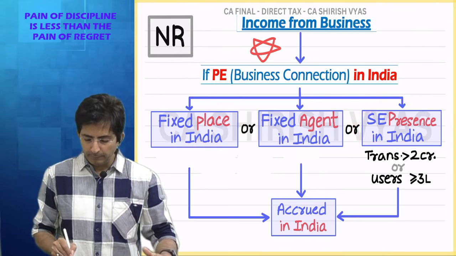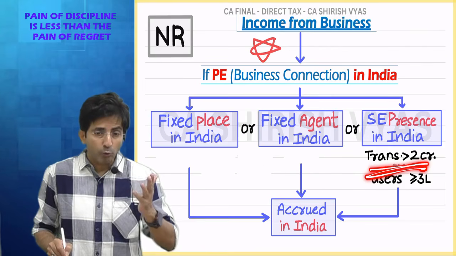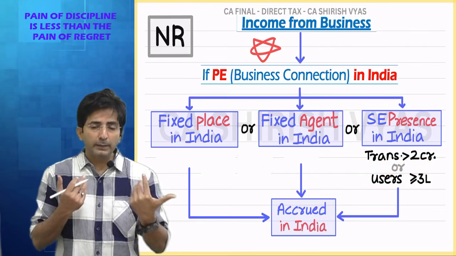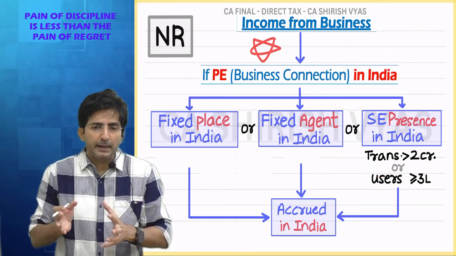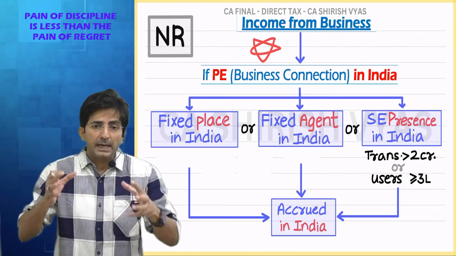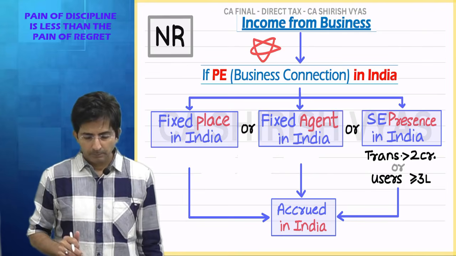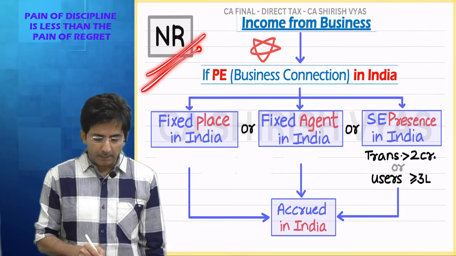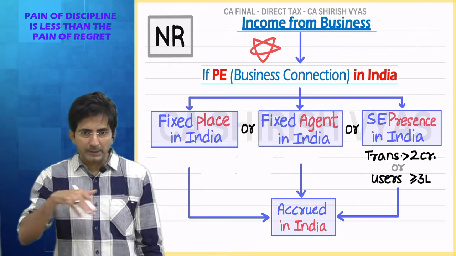Means they are doing transactions with India of more than 2 crore, or even if they don't transact with India, in India they have engaged 3 lakhs or more users. So then such NR becomes popular in India. So they have got presence in India.